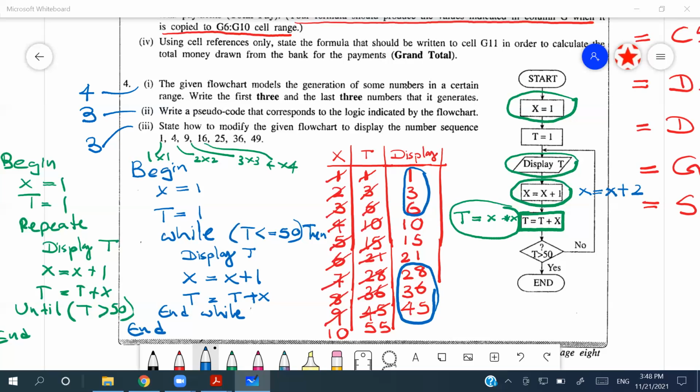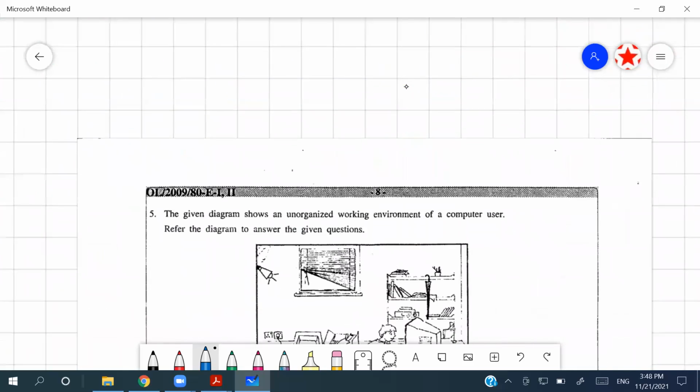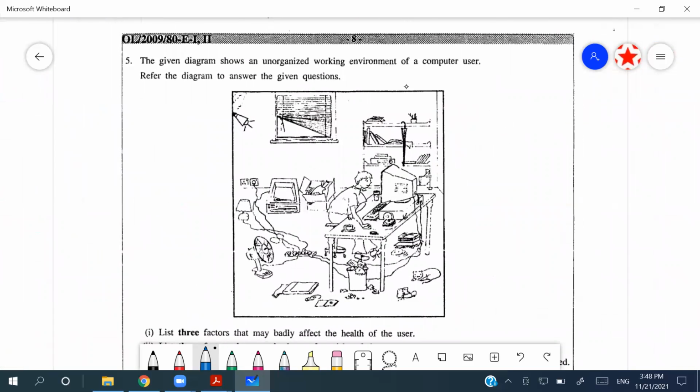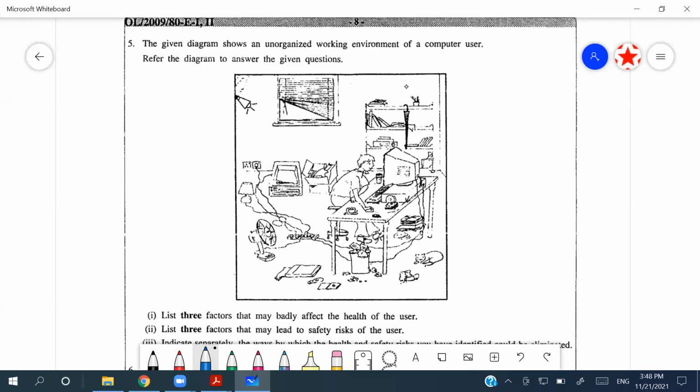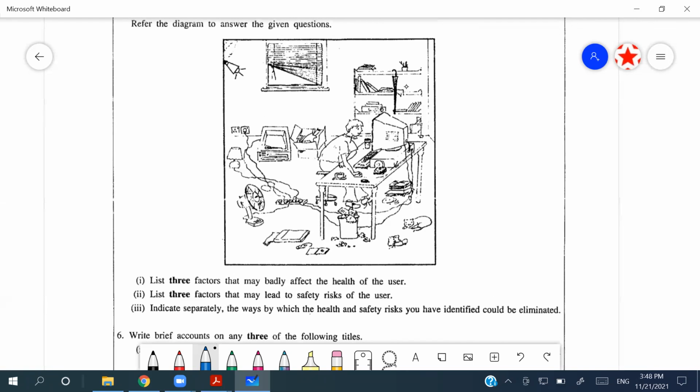Okay, so the 5th one. The given diagram shows an unorganized working environment of a computer user. Refer to the diagram to answer the given questions. List 3 factors that may badly affect the health of the user.